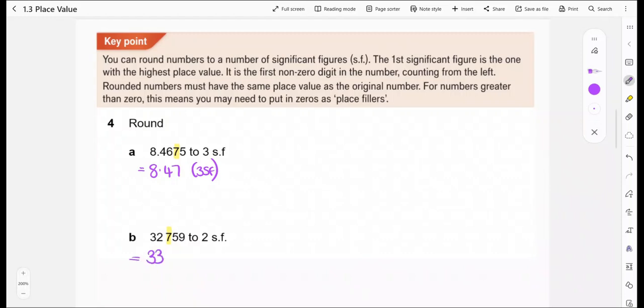But you can't leave your answer as 33. 32,759 will not round to 33. You have to fill in zeros as place fillers to keep the same place value and same overall value of your number. So it becomes 33,000.